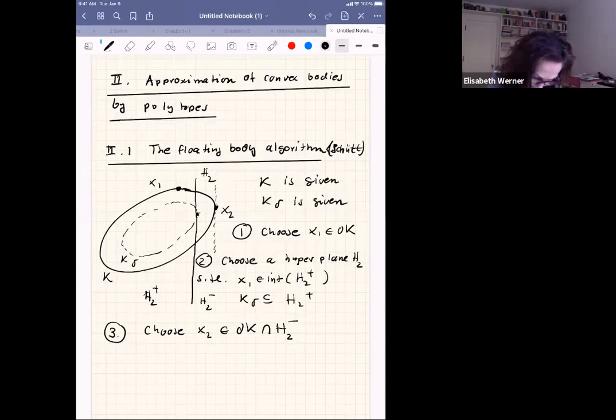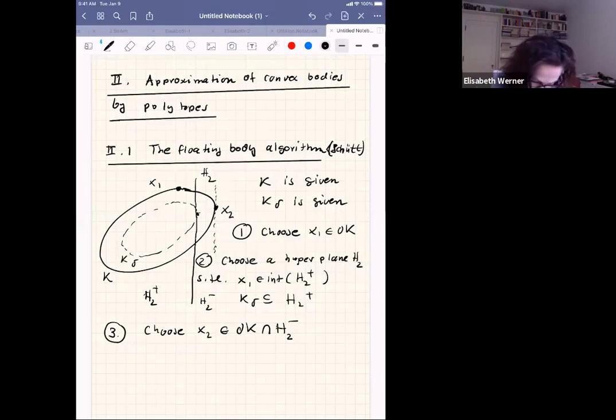So I could describe this as follows. We'll choose x2 so that, if we take the support hyperplane to the body, a support hyperplane that is parallel to the H2 that we chose, and we pick a point x2 on this parallel shifted hyperplane, it is furthest away from this H2.